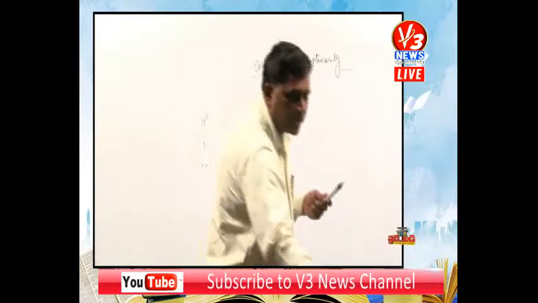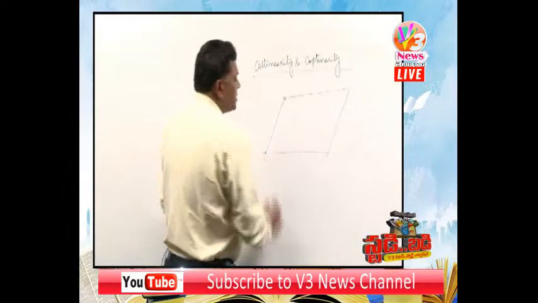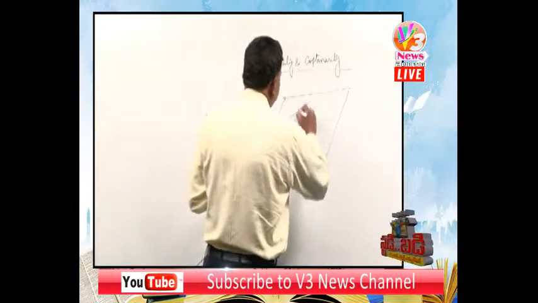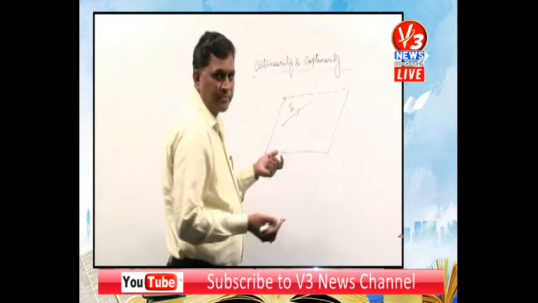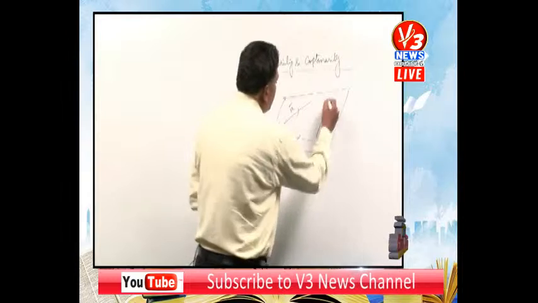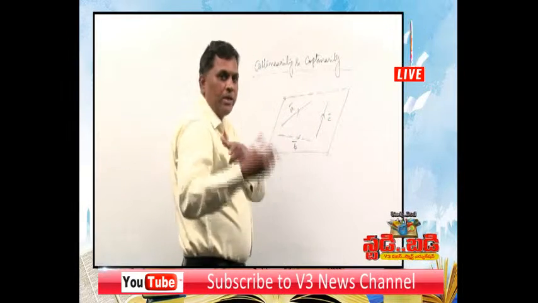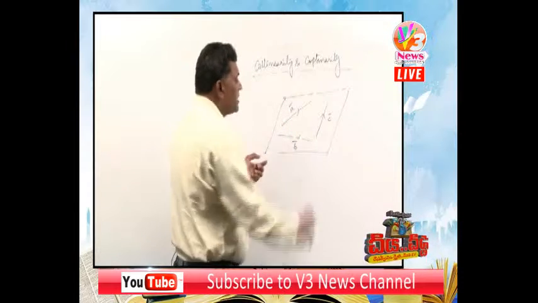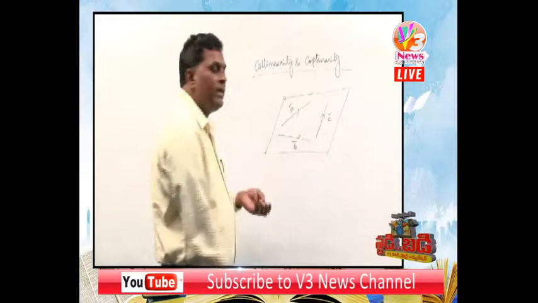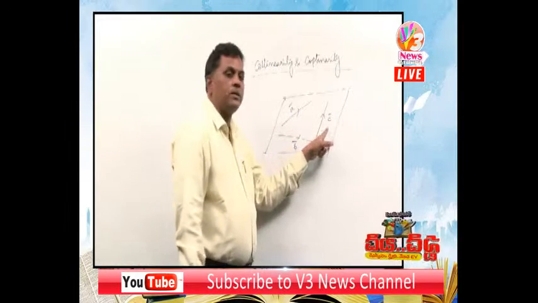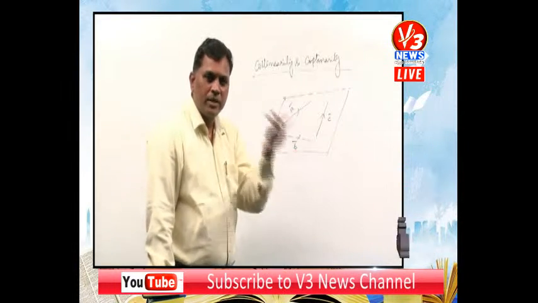Before that, coming to coplanarity conditions: if 3 vectors A bar, B bar, C bar are lying on a plane or parallel to a plane, parallel to a plane means coplanar. If A bar, B bar, C bar are coplanar vectors, then they are linearly dependent. One is depending on the other two, or technically they are called linearly dependent.